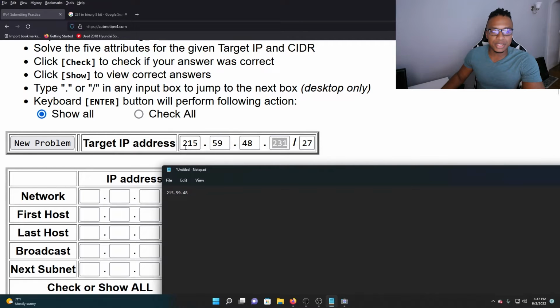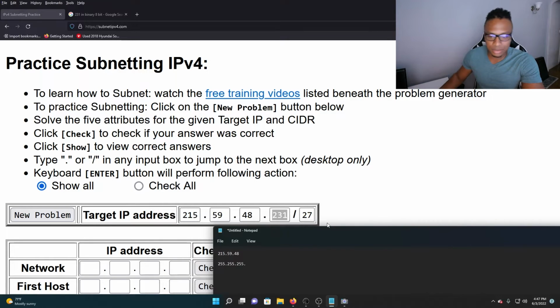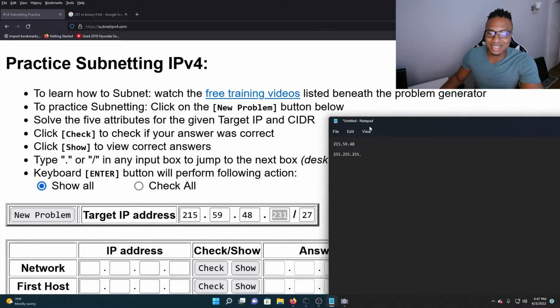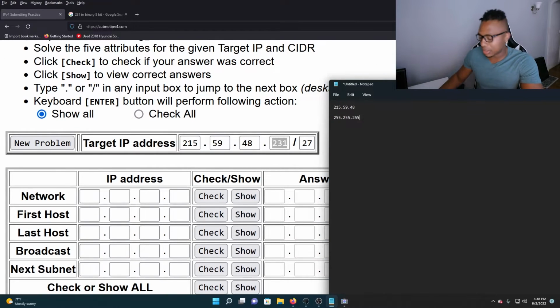So we know 215, 59, and 48 are going to stay the same, again because of the subnet mask, 255.255.255 dot something. We can't mess with 255, we gotta leave them alone. Anyways, that's the first trick, guys.